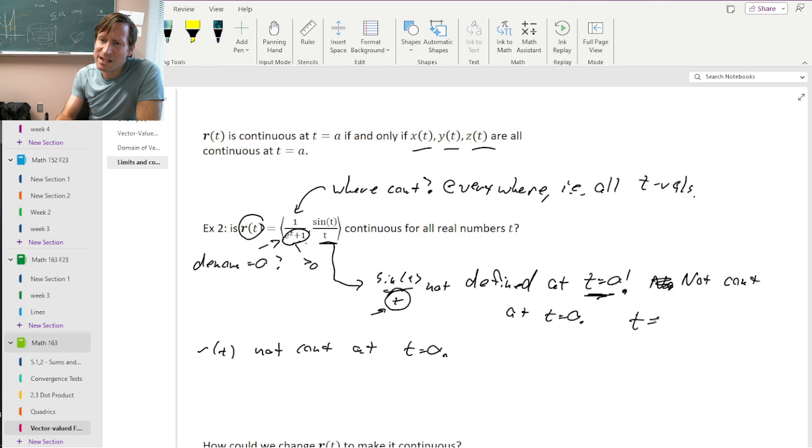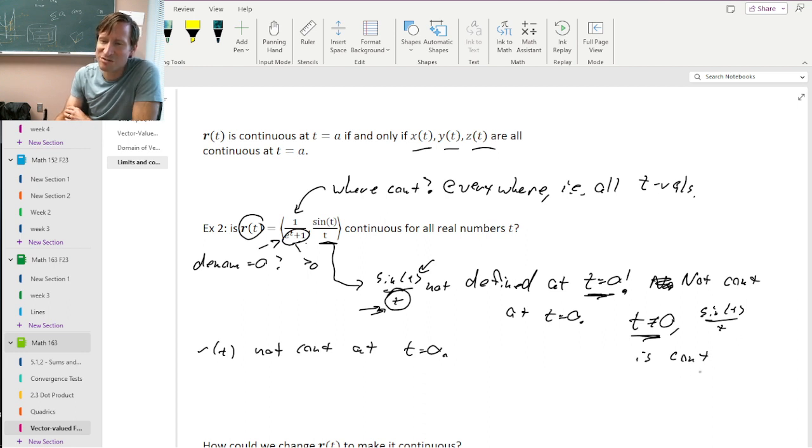If t is not equal to 0, the numerator is defined because you can take the sine of any number, and the denominator isn't 0, so we're dividing by something that isn't 0, and that's fine. So as long as t isn't 0, sine t over t is continuous.